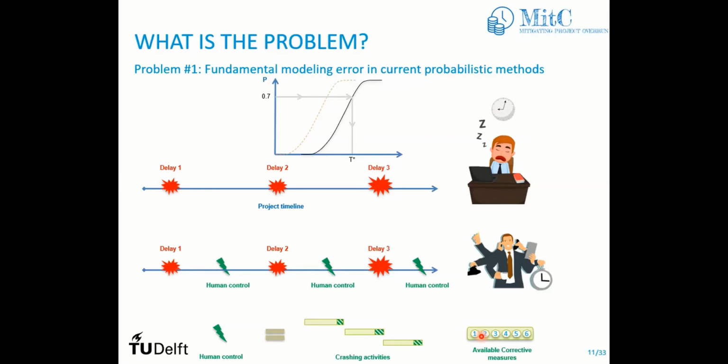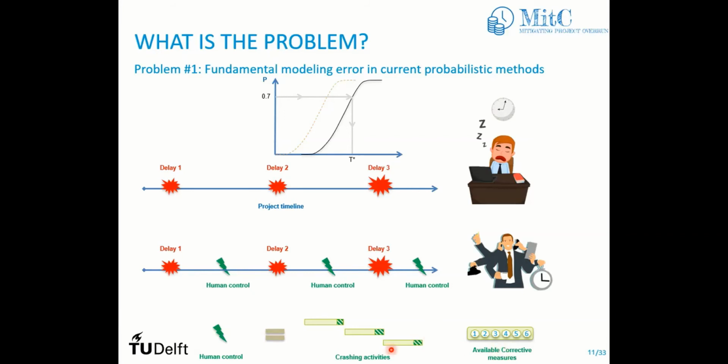All right, so that's exactly what I was going to say, because how to crash activities, we have something called corrective measures. And as you can see here, we have 6 corrective measures from 1 to 6. They can be something like extra resources or extra people to work or whatsoever. And these help in reducing duration of some activities.